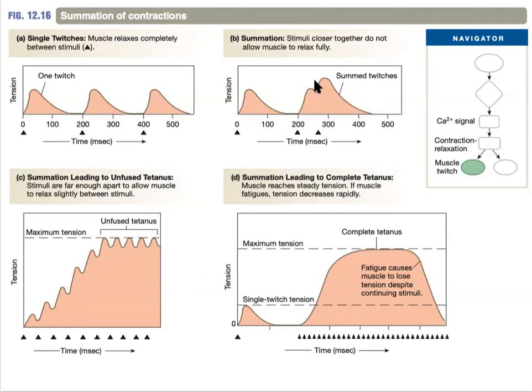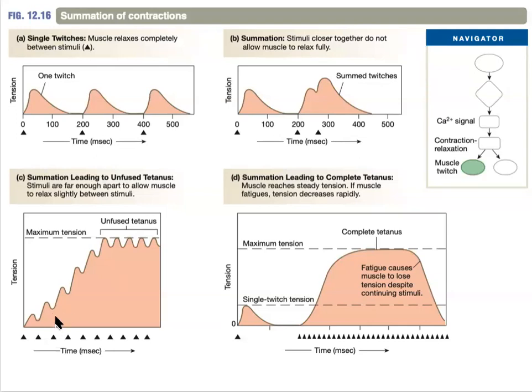Okay. And so the buildup of tension from the two stimuli is going to be greater than what's generated from a single stimulus. And then in this third part of the graph, we see what's called an unfused tetanus. Okay, and so in this unfused tetanus, there is a series of repeated action potentials that are separated by a good amount of time between the stimuli.